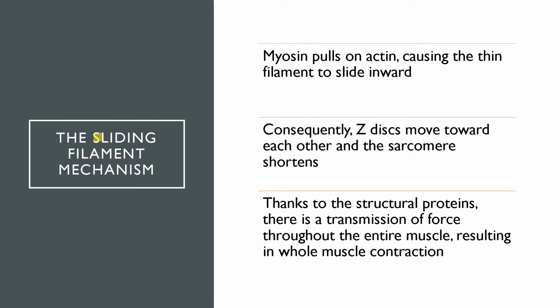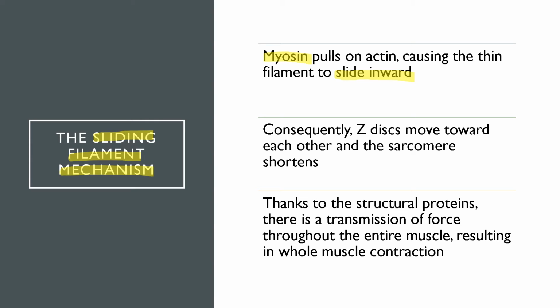So the sliding filament mechanism, this is a model that describes the process of muscle contraction at the molecular level. Now, muscle contraction occurs because the myosin heads will attach to and walk along the thin filaments at both ends of the sarcomere, progressively pulling the thin filaments towards the midline of the sarcomere.